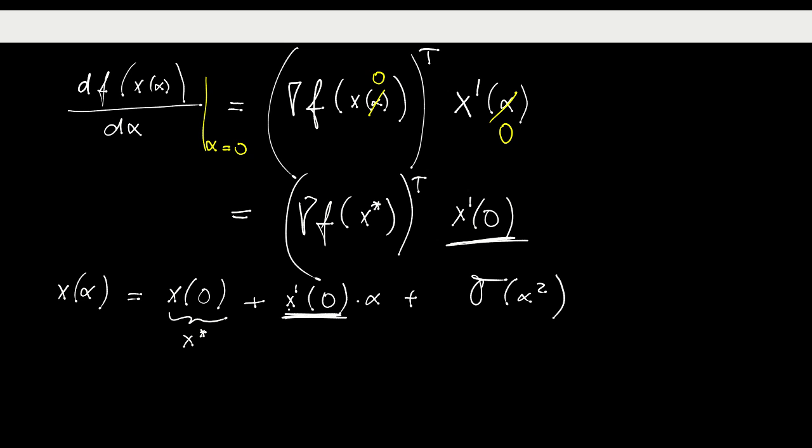So now you can clearly see what the interpretation of x prime 0 is: this is a vector that is tangent to the set of admissible or feasible solutions at x star. In other words, this vector lives in the tangent space to our solution set at the stationary point. So this is the first important observation.